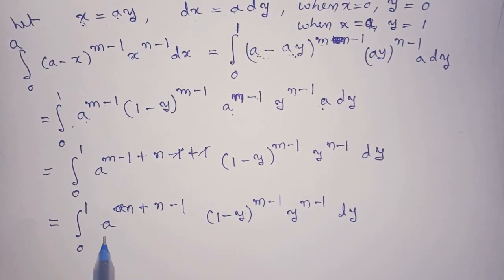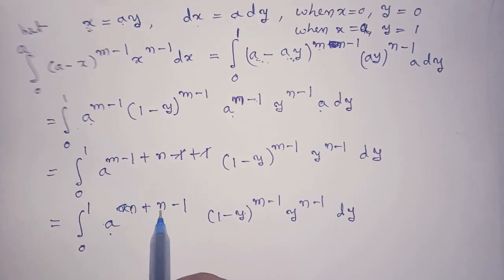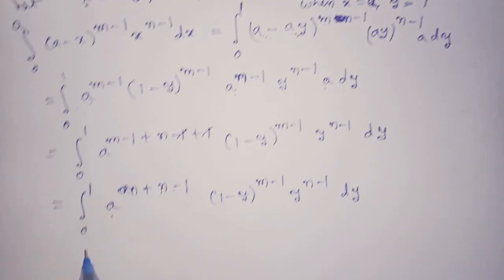Okay, notice that here a to the power of m plus n minus 1 is a constant.